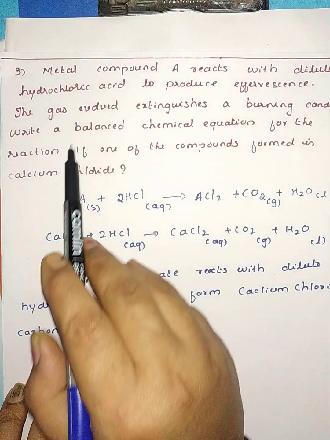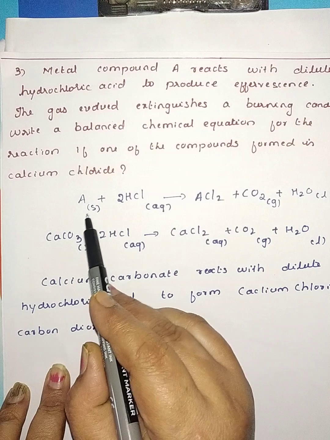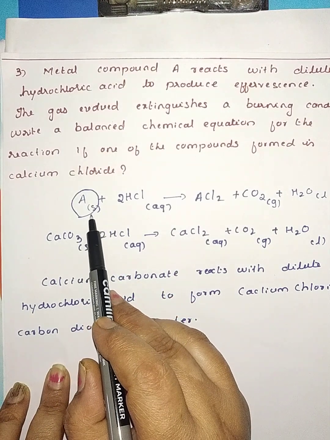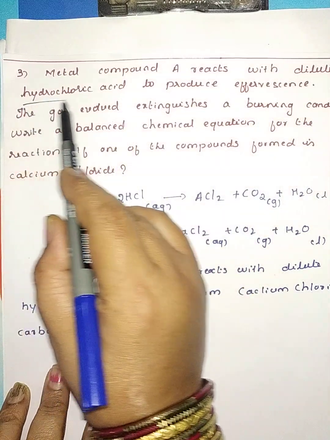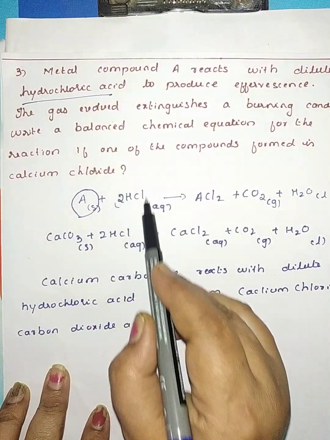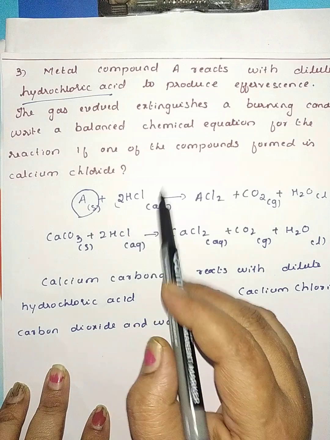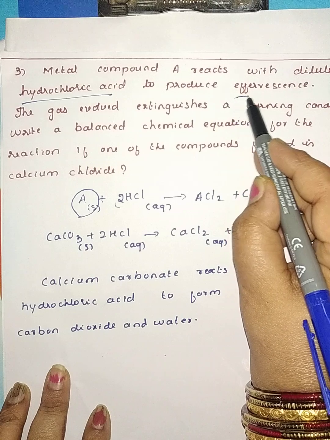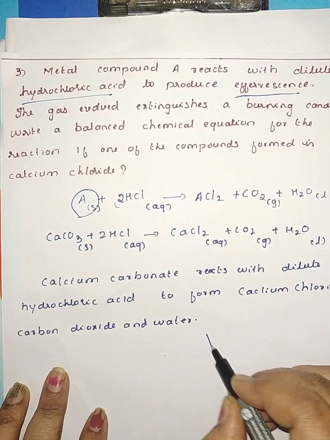So what is the question here? One metallic compound named A reacts with dilute hydrochloric acid. This is the acid, hydrochloric acid. It produces effervescence. Effervescence means forming bubbles.